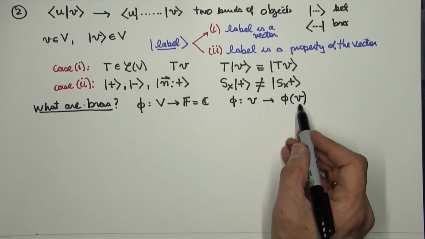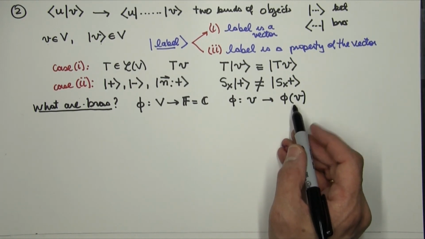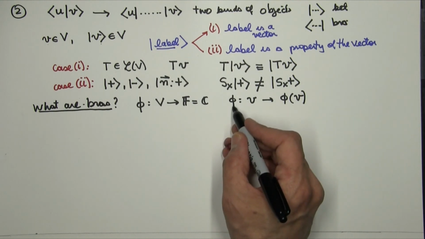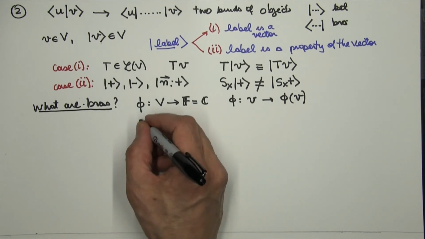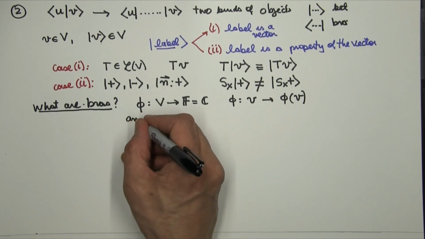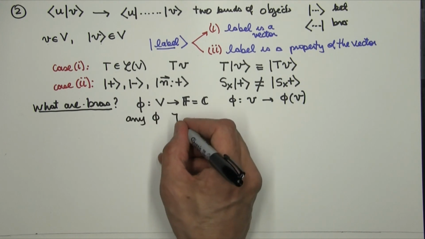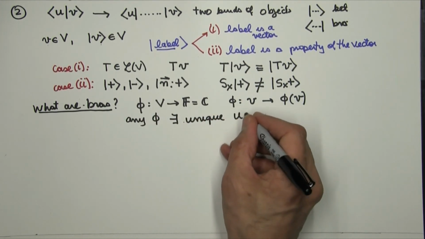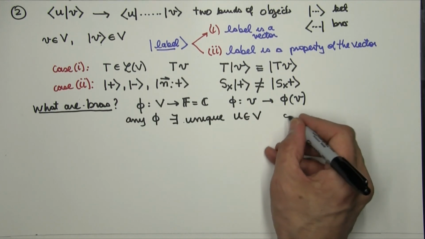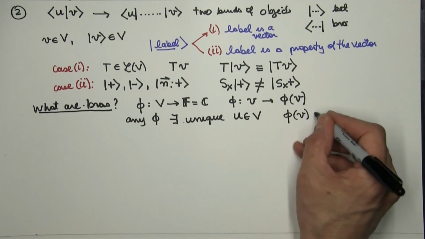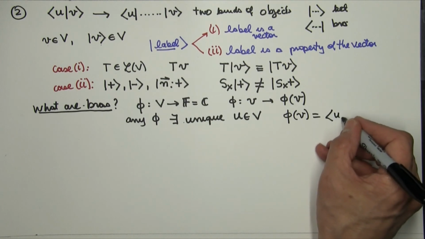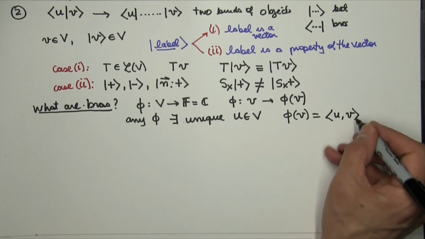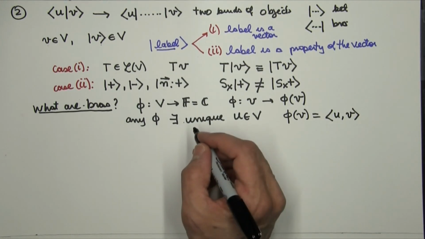Now, we proved that for every phi, there is a unique vector in the vector space. For any phi there exists a unique u belonging to the vector space such that phi acting on the vector can be reproduced by u acting on the vector through the inner product.